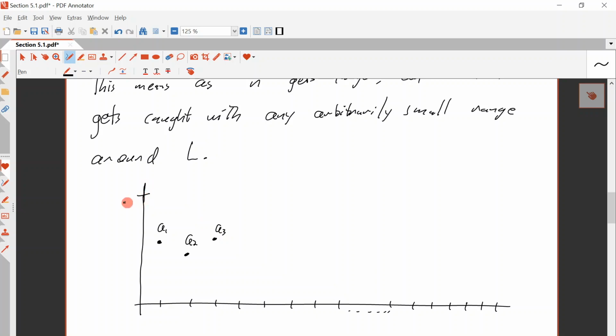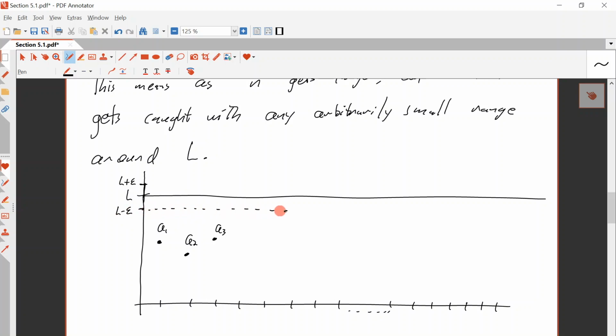And somewhere there's this L, and here's the vertical line for L. And here's some small range around L. So here's L plus epsilon, L minus epsilon, where epsilon is just some really tiny number, as tiny as you would like it to be: 1/10, 1/100th, 1/1000th, 1/1,000,000th.